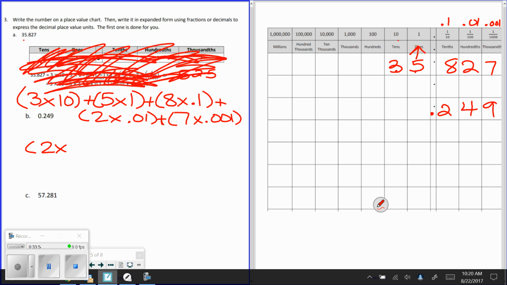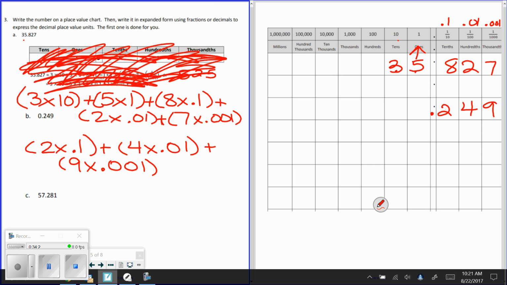The tenths. Plus what? 4 copies of the hundredths. Plus 9 copies of the thousandths. And that's it.